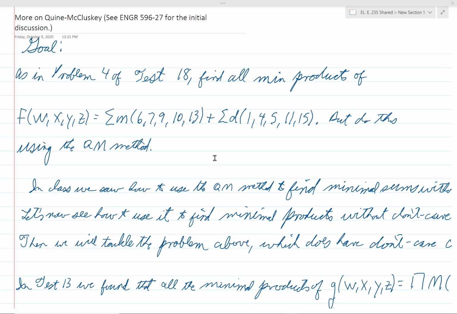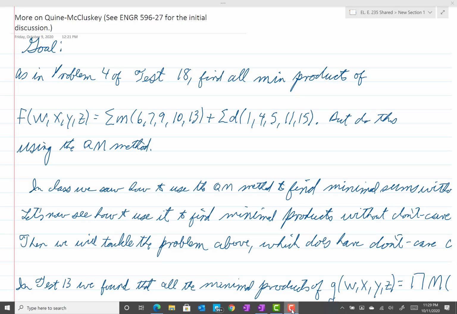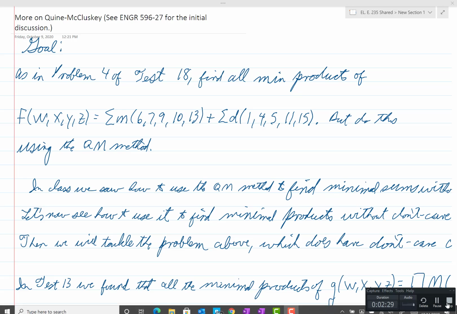First of all, the Carnot-Mapp method becomes really awkward if you have more than 4 independent variables, whereas with the Quine-McCluskey method, you can have as many independent variables as you wish.